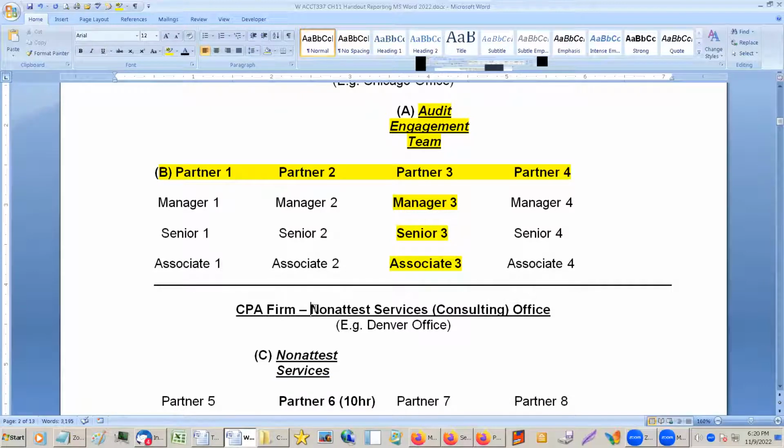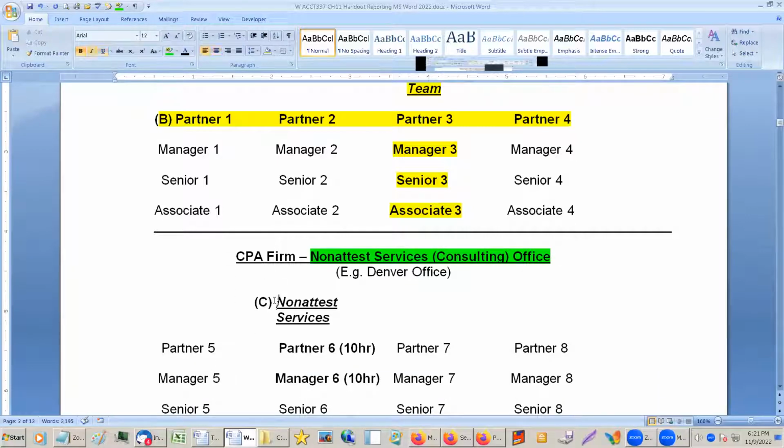There also is, a lot of times in the CPA firm, a consulting office. These are called non-attest services. They'll be things like taxes, consulting.